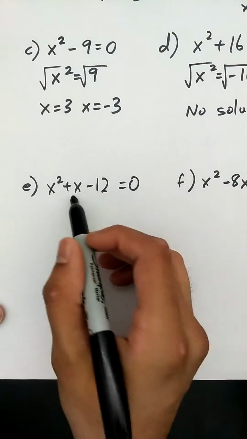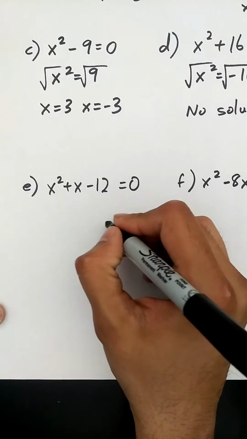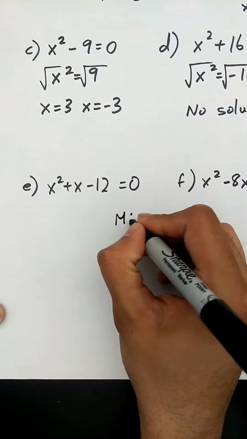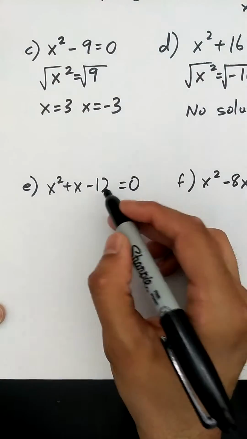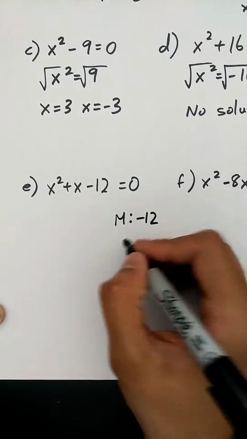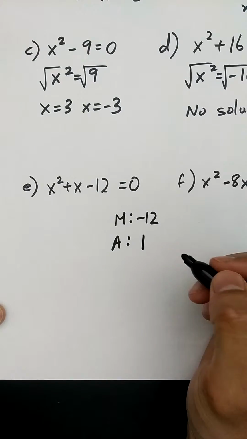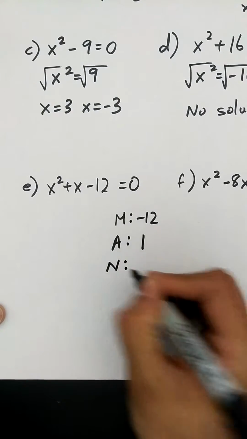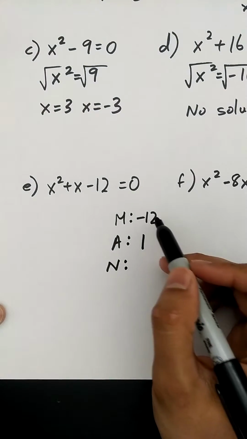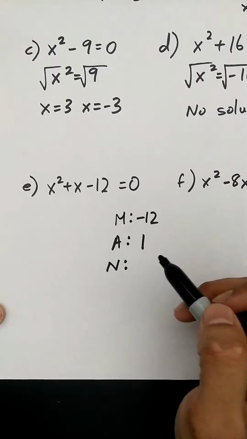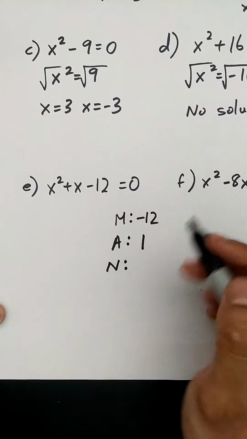This fifth one, we have three terms now, so we are going to use our MAN method. M, which stands for multiplication, is the last number here, which is -12. A is the number right there, which is 1. And then N is our two numbers. So we want to find two numbers that multiply to give me -12 and add to give me 1.